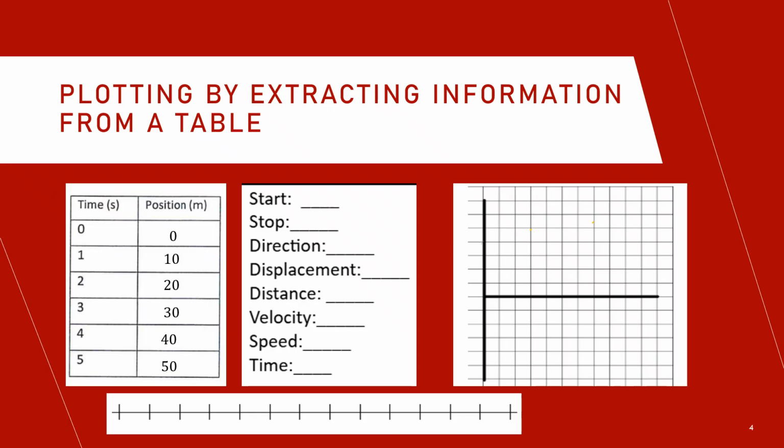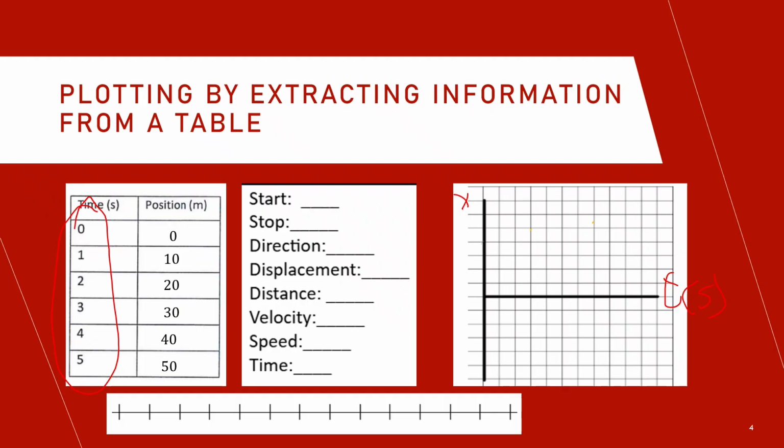Okay, so let's begin by plotting information using a table. First thing we notice that this is a position time graph. So we'll go ahead and write down that this is a position, which is x, and this is the time per second. And we begin at 0, and we finish after 5 seconds. And this information is being plotted from here.